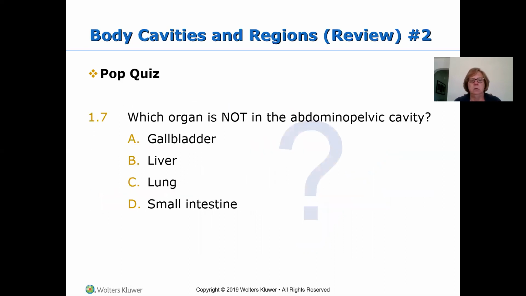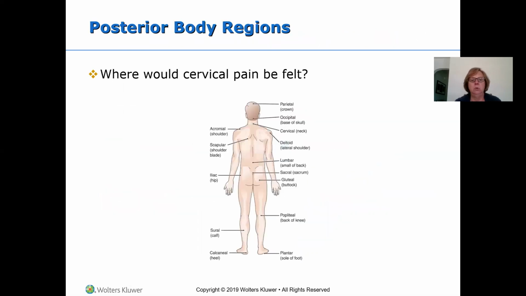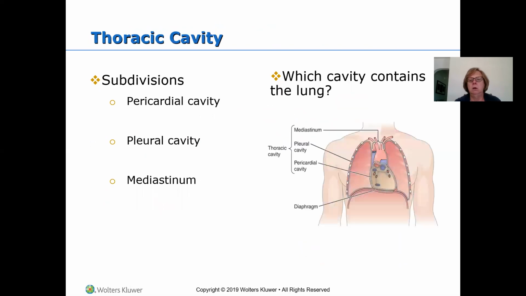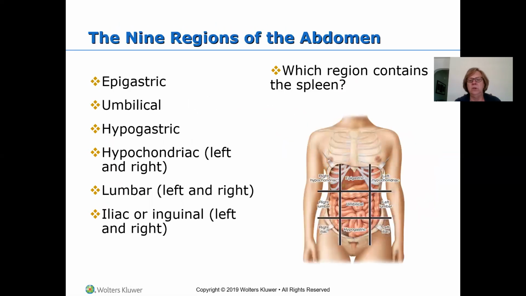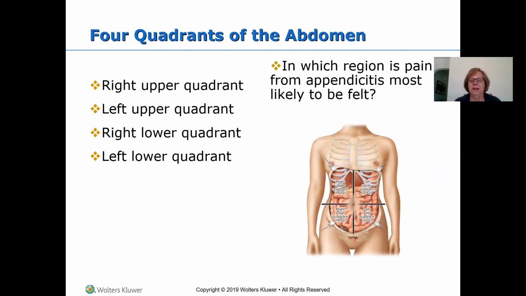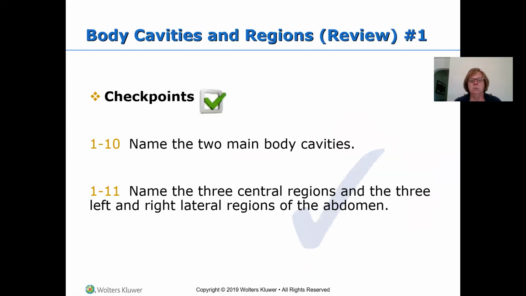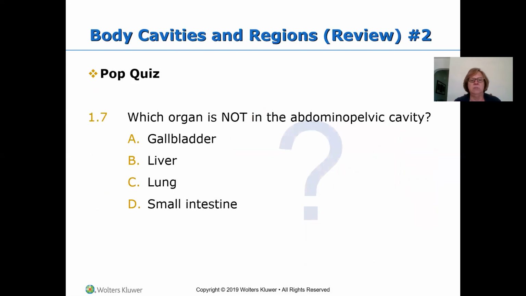If you don't remember that, just go back and review the 9 regions, with the umbilical in the center, the epigastric above, the hypogastric below. And then you have your left and right hypochondriac, the lumbar, and the iliac, right and left. Okay, so that's what that is referring to.